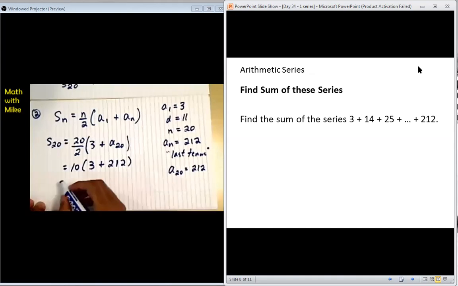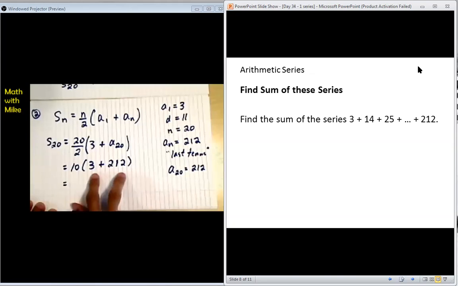Okay, inside the brackets, what do we got? It's 10, not for this. 3 doesn't multiply by that, 10 goes with that. Yeah, you can look at it like that.